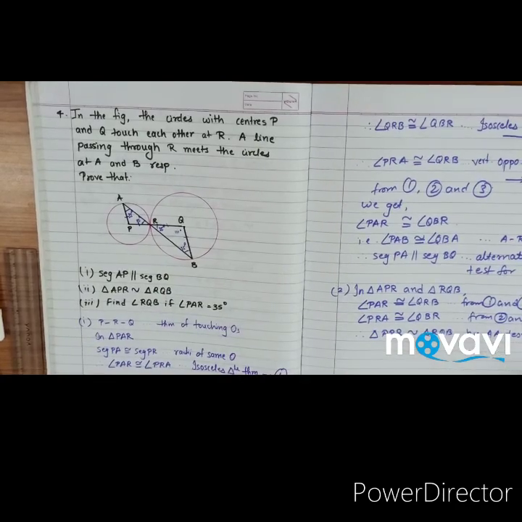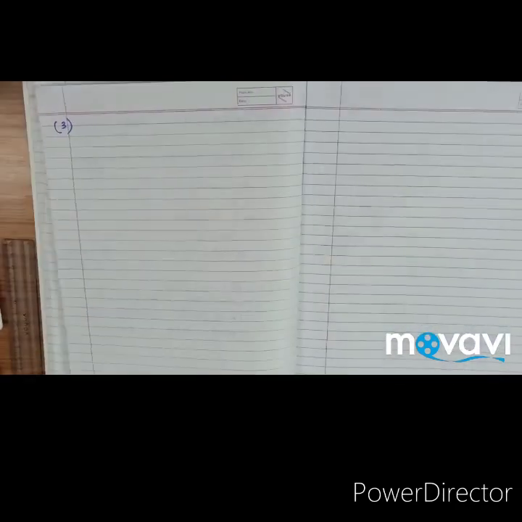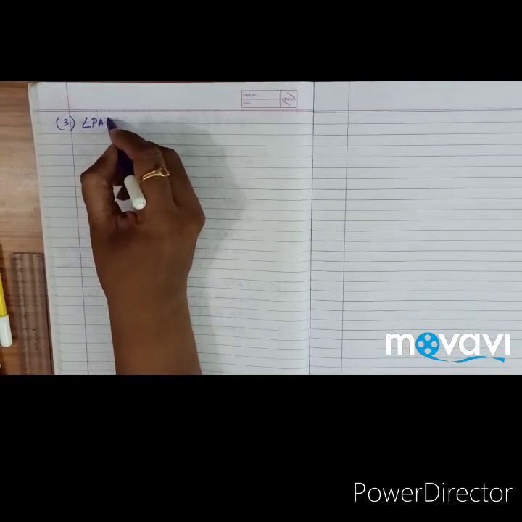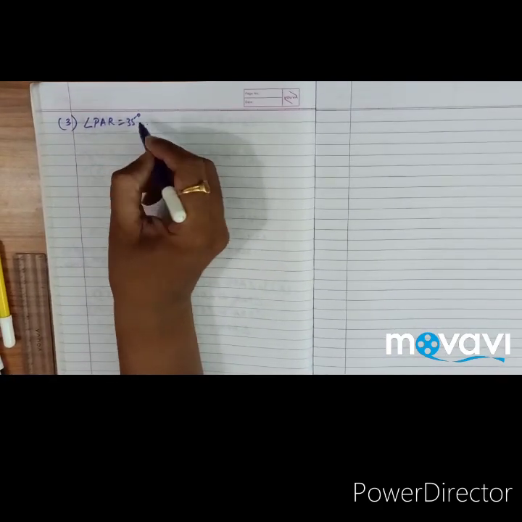Let us see. I will take my next page. Okay. So what is given to us? Angle PAR. This is given as 35 degrees.